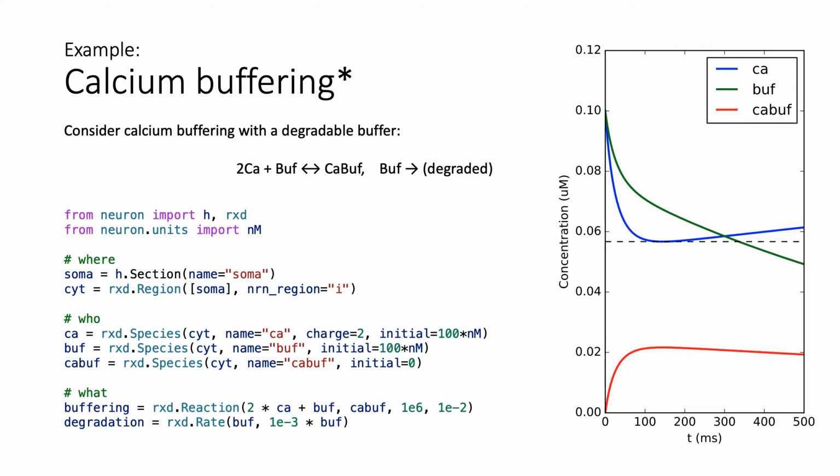Well, the answer is these are separate phenomena and they need separate mathematical representations. You don't automatically get ion accumulation in extracellular space with the so-called extracellular mechanism.